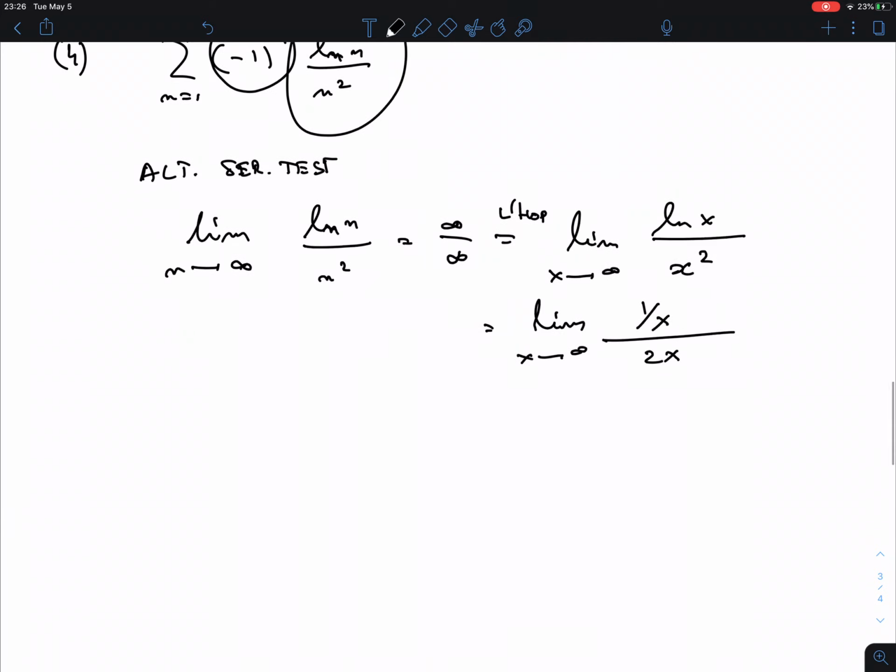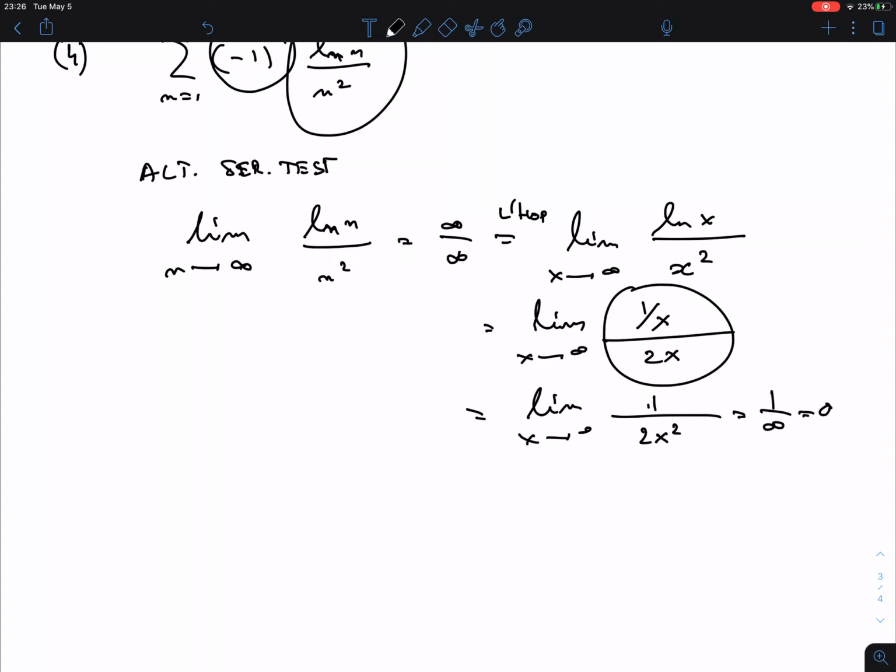Now, you don't need to be careful here. If I plug in infinity, the top is 0 and the bottom is also 0, but it is nicer, whenever you have various powers of x, to write them together, like here in the denominator. And now it's clear that 1 over infinity is 0. Now that is what we need to see for the alternating series test.